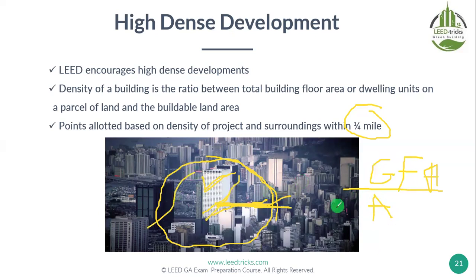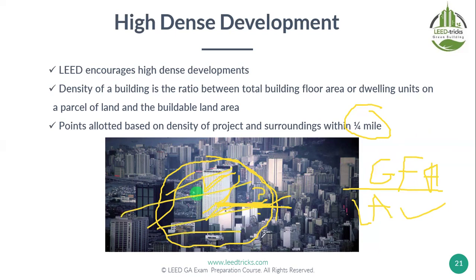A is land area, or LA. How do I calculate the land area first, which is the easy one? By pi R squared. Here I have R, I know R. Pi R squared is the area of the land. Got it.